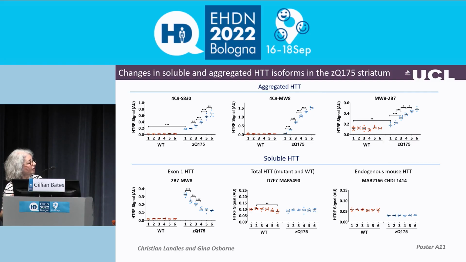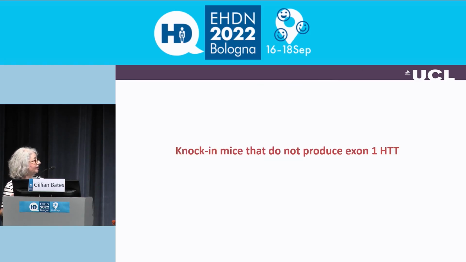This is endogenous mouse. So it's soluble exon 1 Huntingtin that's decreasing over that time scale. So this is more support for our theory that it's the exon 1 protein that is initiating aggregation in these knock-in mice. So can we make mice that don't produce exon 1 in order to test this hypothesis further?